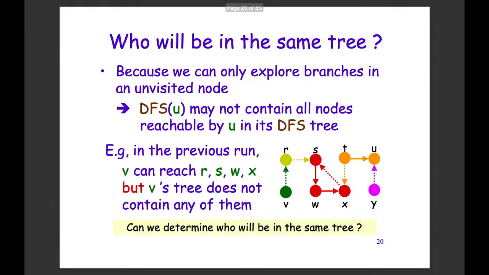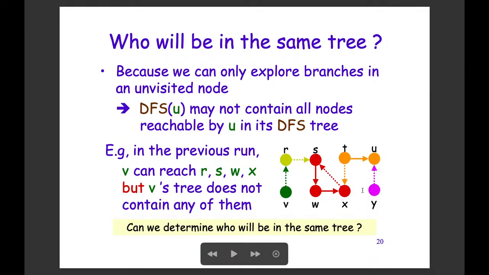Okay. And then one question, we want to know a little bit more about the properties of DFS. So here in this example, we will see that S, W, X are in the same tree, T and U are in the same tree, Y will be an isolated vertex, and so on and so forth.